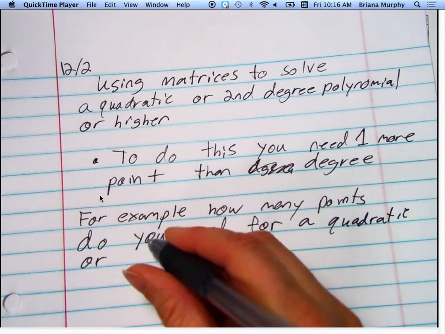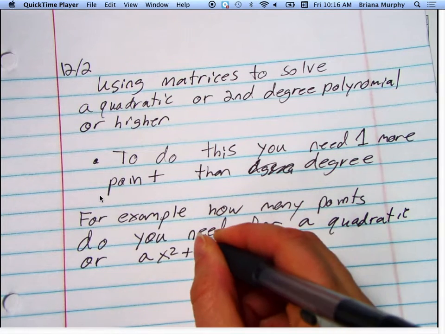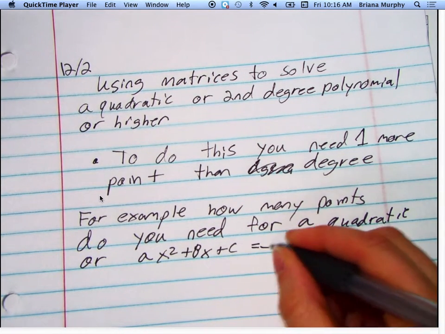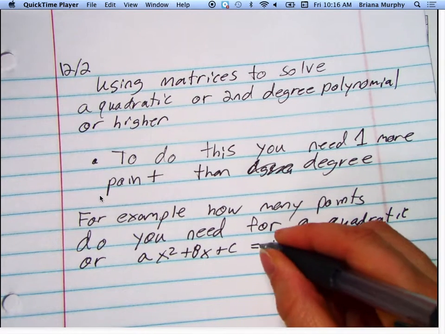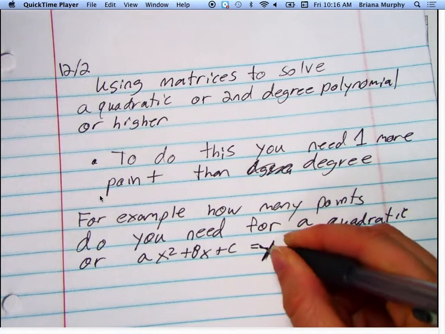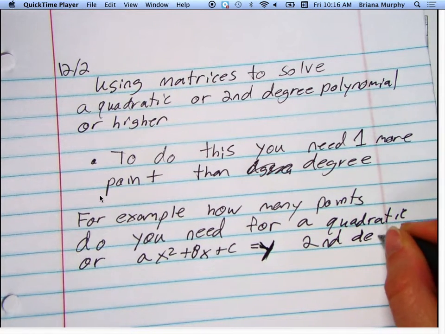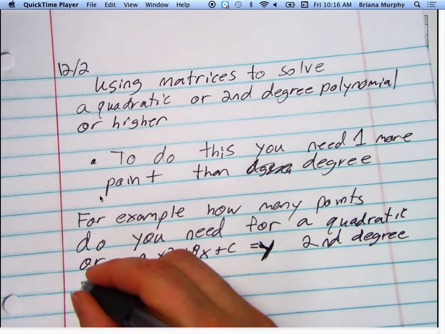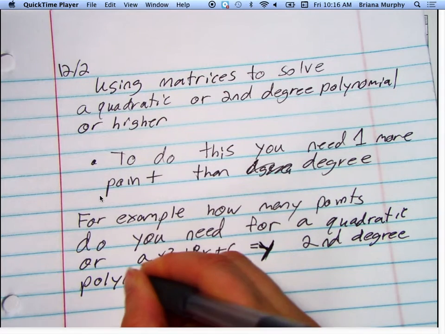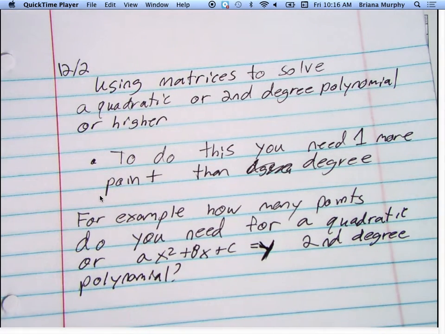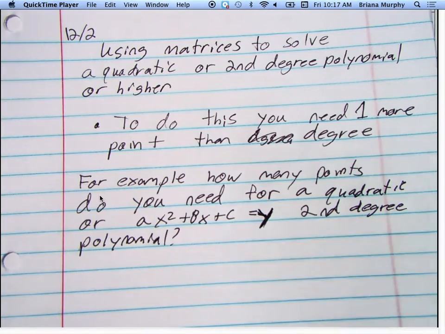Or, another way to put it is ax squared plus bx plus c equals y, a second degree polynomial. How many points do you need, guys? 3 points.